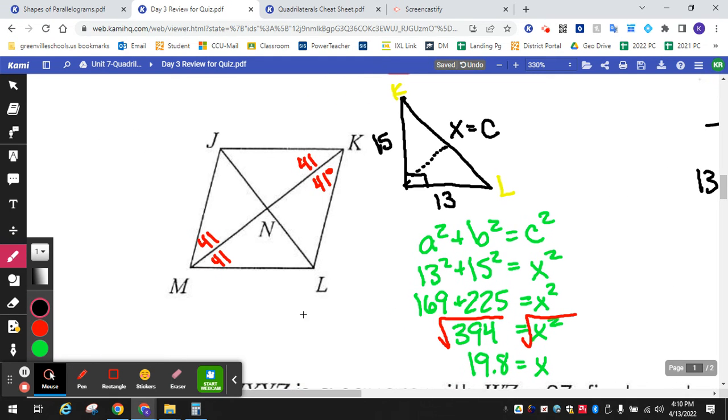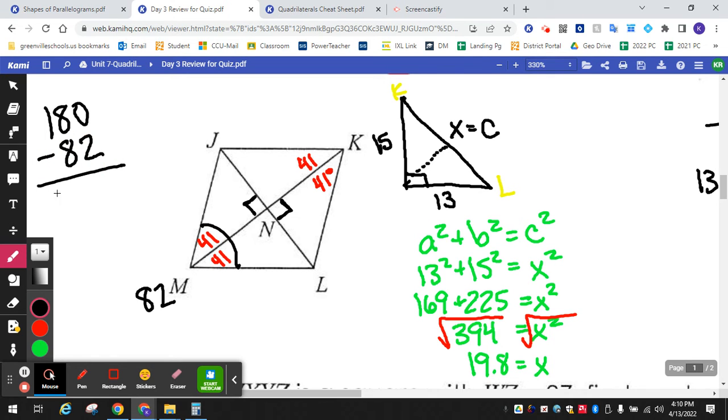So there's a few ways to get the other side. We know these angles are 90 because it's a rhombus. And the whole angle for M is 82. M and J have to add up to 180. M and L have to add up to 180 because consecutive angles, if they're on the same side, add up to 180.